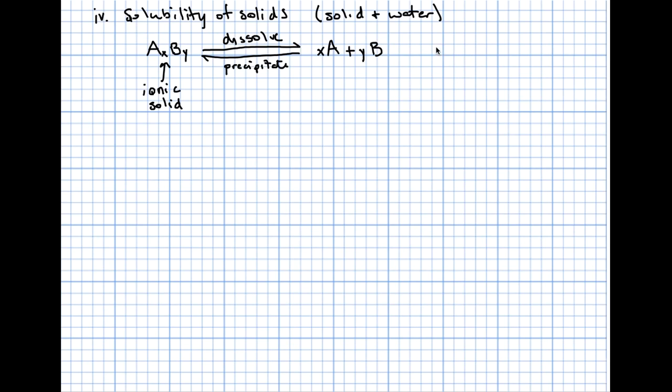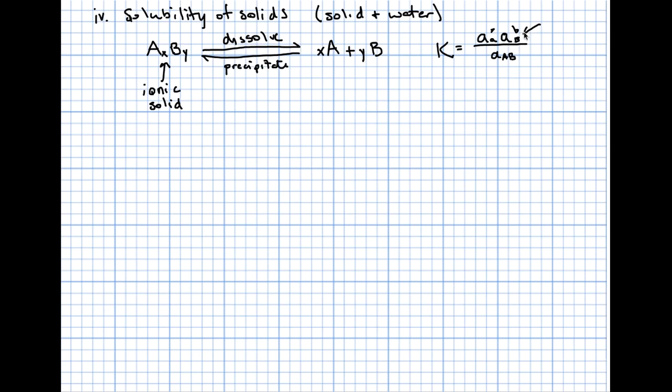So the equilibrium relationship, the constant that we would write, is that the activity of A raised to the X power times the activity of B raised to the Y power divided by the activity of the solid would give us our equilibrium relationship.